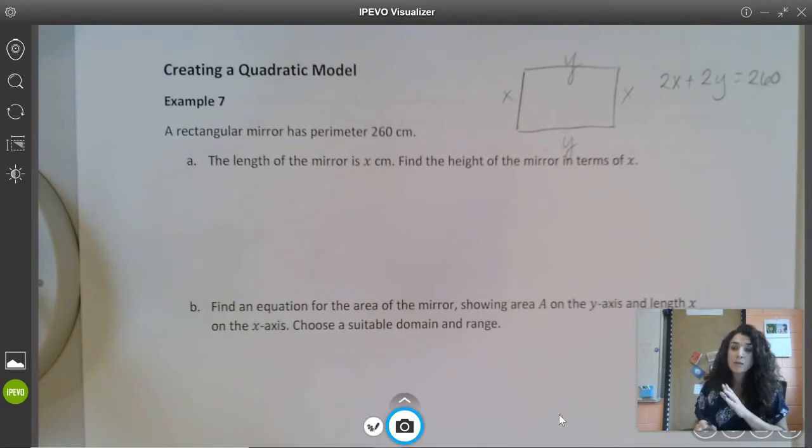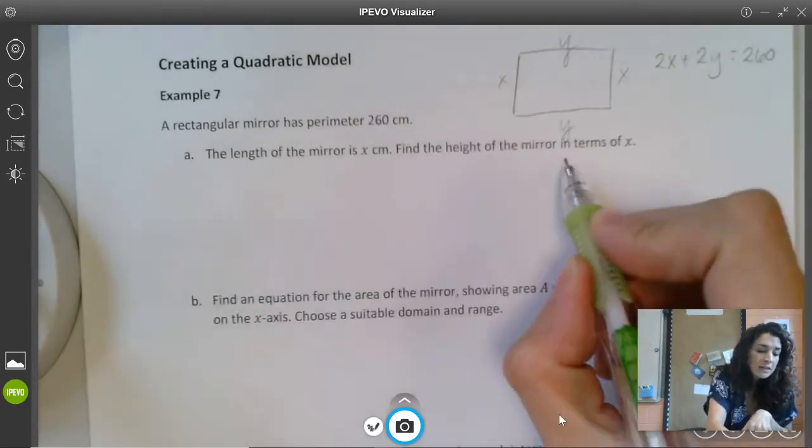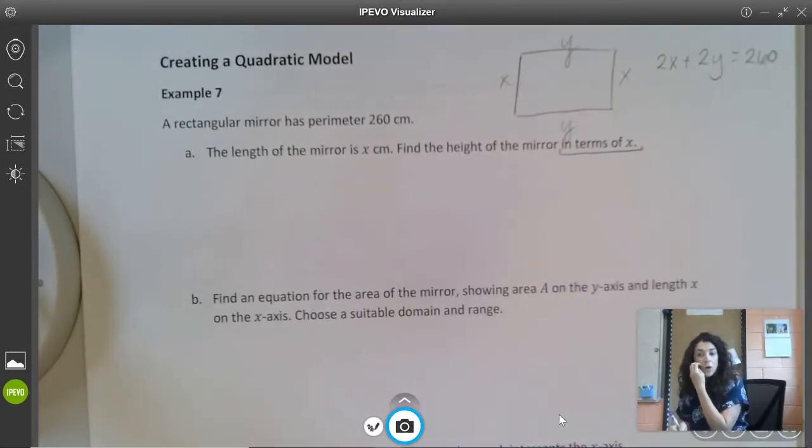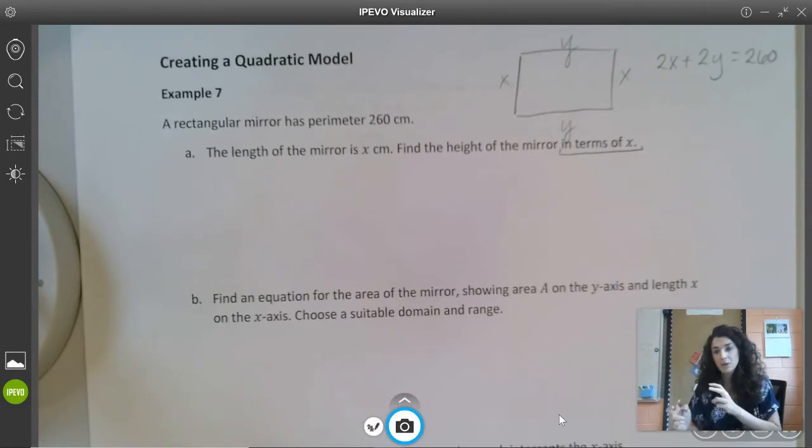I haven't even read the rest of the problem, but I've got that down and ready to use for later. The length of the mirror is x. It doesn't matter which one's x or y. It says find the height of the mirror in terms of x. This phrase, in terms of x, means that we want to write an equation where your input is x.